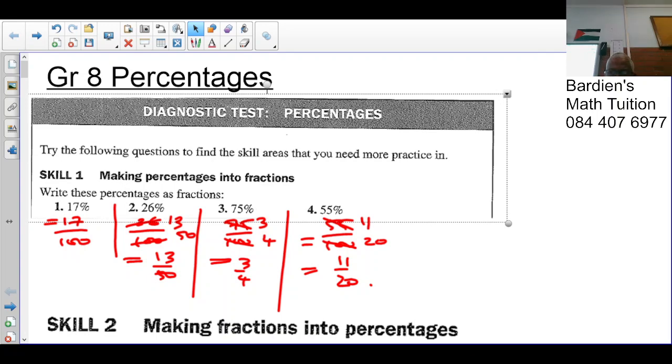Page 75. 79, okay. Just hang on. So at this point, we have dealt with skill 1 to skill 4 on page 75, correct? Yeah. So now I must do skill 5, 6, 7.